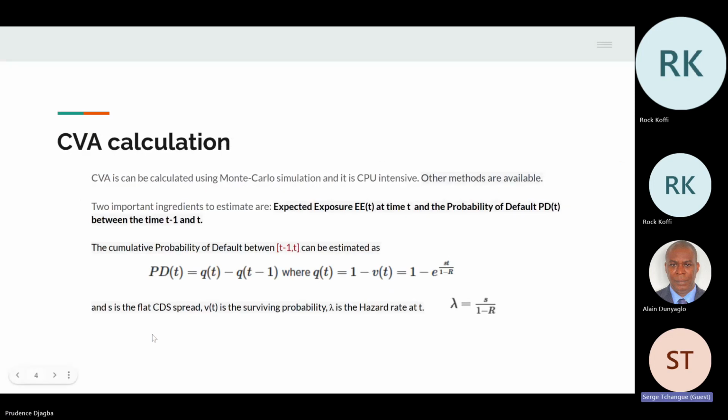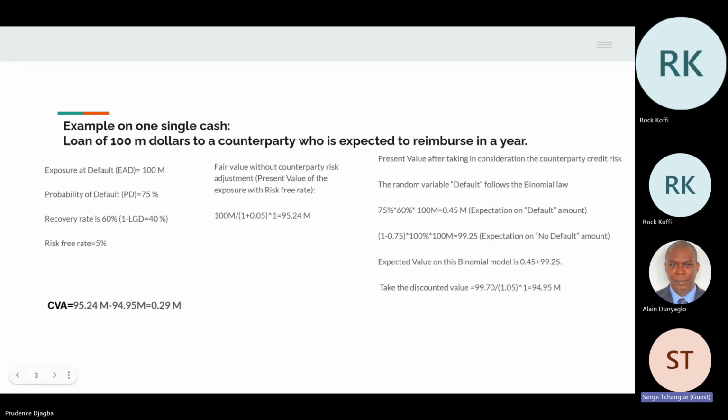So this is a good example because I think it would be good, not now, maybe, to go a bit deeper on this example after this presentation, because it would be good to be able to calculate the CVA directly without doing this difference. So it's for you to look later, because you can calculate it without doing the difference.